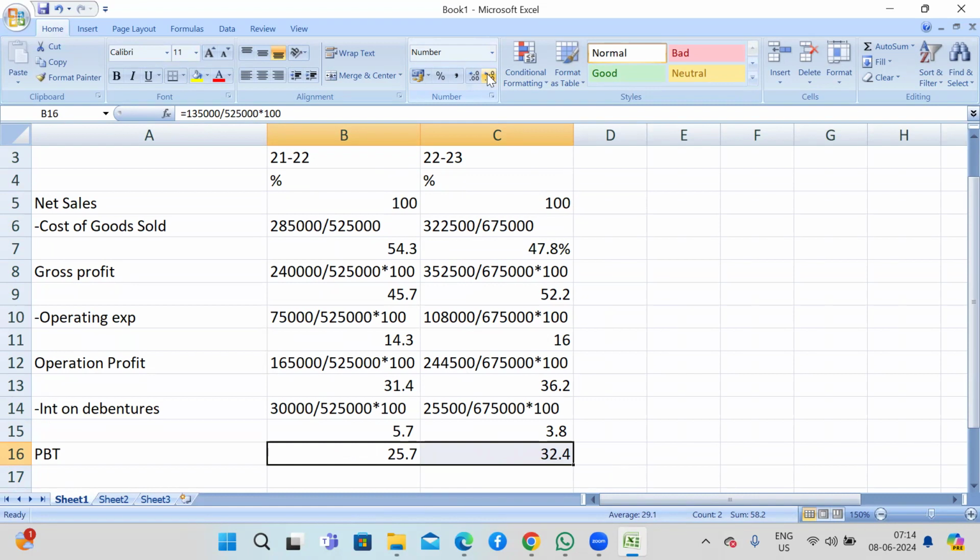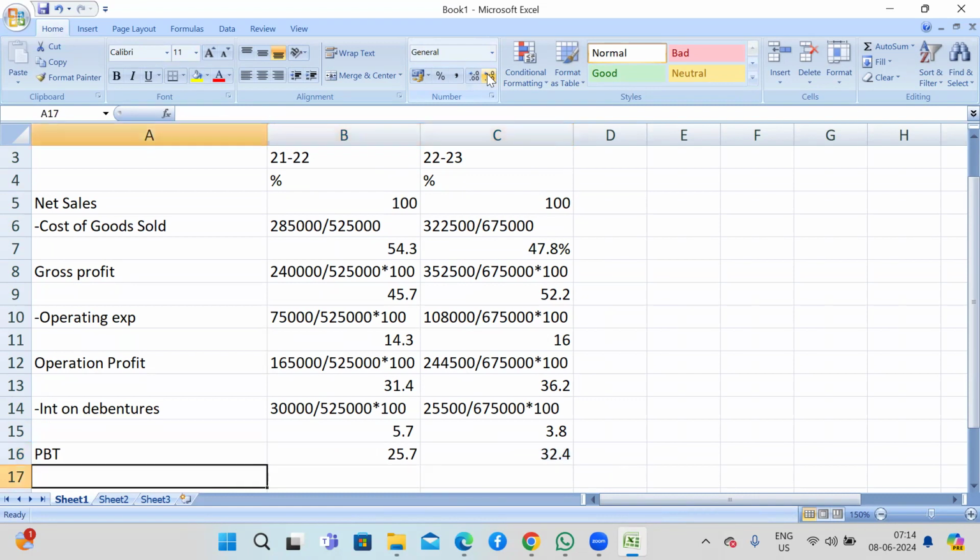give comment. So profit before taxes has improved, right? Compared to 21-22, this got improved. Even the gross profit got improved here, 45.7 to 52.2. So profit was improved.